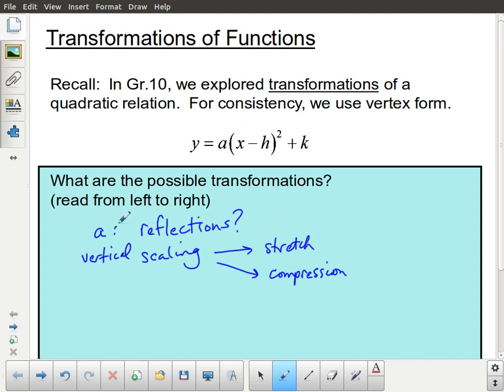So all of that is tied up into that single a parameter.